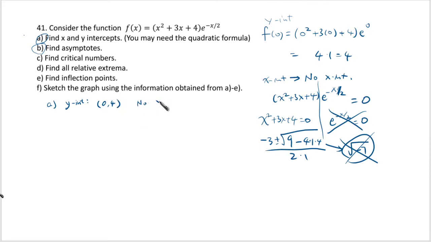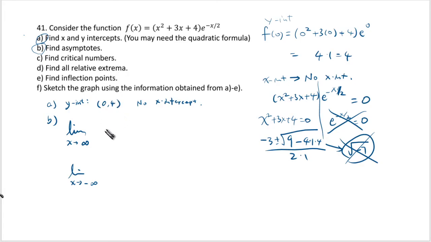And no x-intercepts. Okay. And now at B, you need to take the limit x going to positive infinity and also limit x going to negative infinity to get the asymptotes.